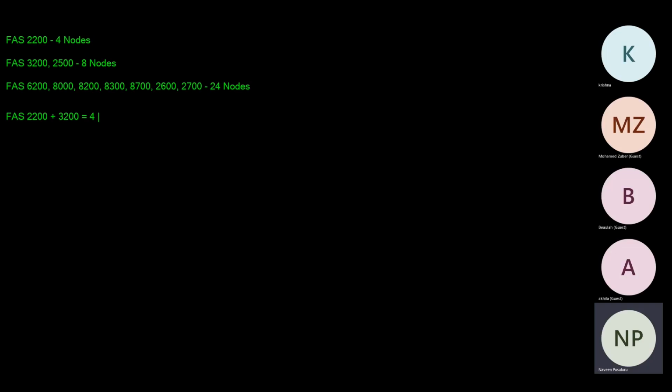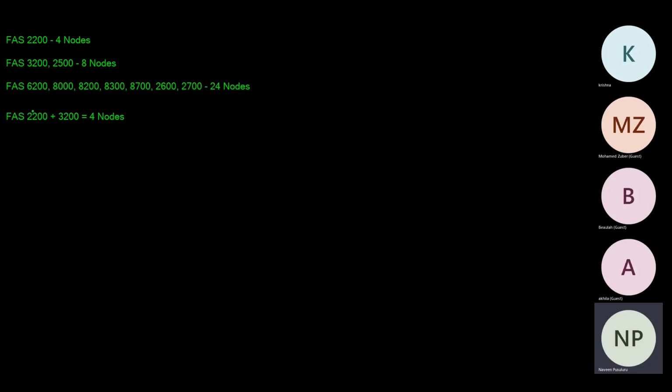It will be 4 nodes only, because it will take the lowest number into consideration. My 2200 will support only a 4 node configuration, and my 3200 will support an 8 node configuration. But as 2200 cannot support more than 4 nodes, that is the maximum number of nodes we can keep in a single cluster when we are mixing the 2200 platform with any other model.